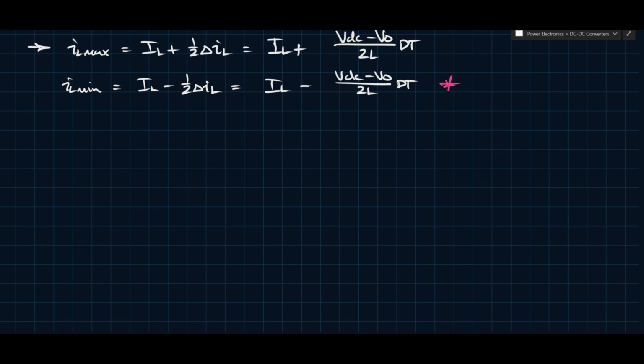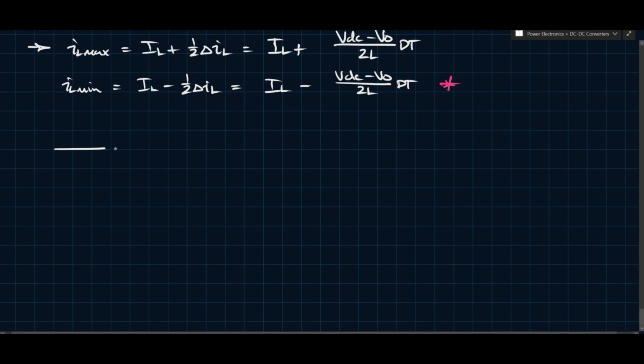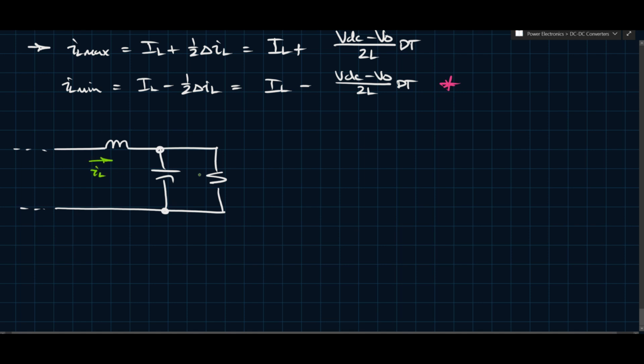If we're looking at the capacitor ripple, then we're only going to consider this part of the circuit. We're not going to consider the switch and the diode, because whatever comes from that part of the circuit, we don't really care. We just care about the way that this side of the circuit interacts. So this is IL, this is IC, and this is IO.